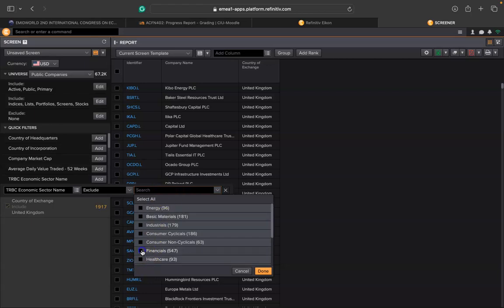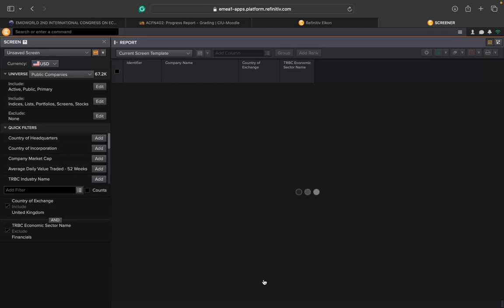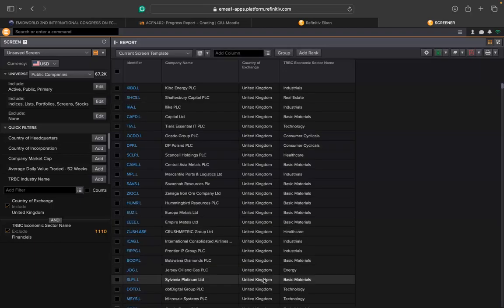Now I'm going to select the financials. When I click this, financial companies will be removed. After this, I will have 1,110 companies. If you remember, it was something like 1,900 in the previous case. Now, going further over here, it listed me the identifier, the company name, the country of exchange, which is all United Kingdom, and the TRBC economic sector name.